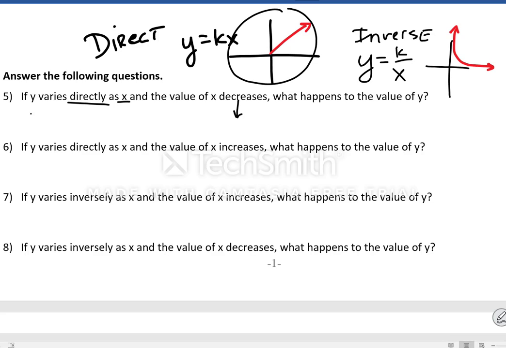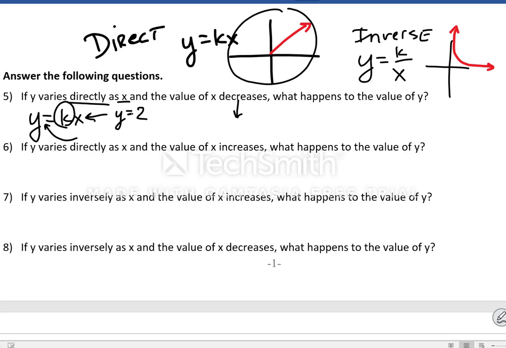Well, with direct equation, whatever x does, y is going to do because of the constant of variation. So if the constant of variation is 2, and I'm multiplying it by 2, then that y would be 4. And if I increase the 2 to become a 6, that means y would be 12. You see, it's getting bigger.